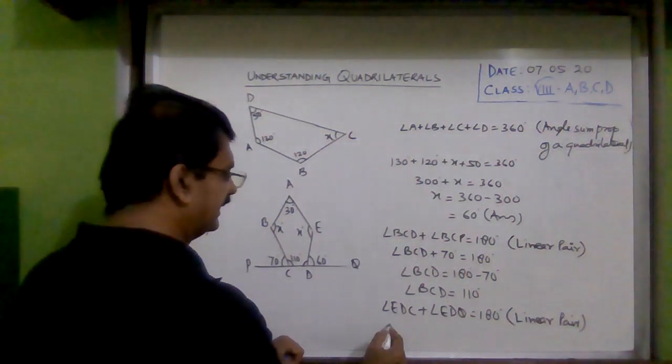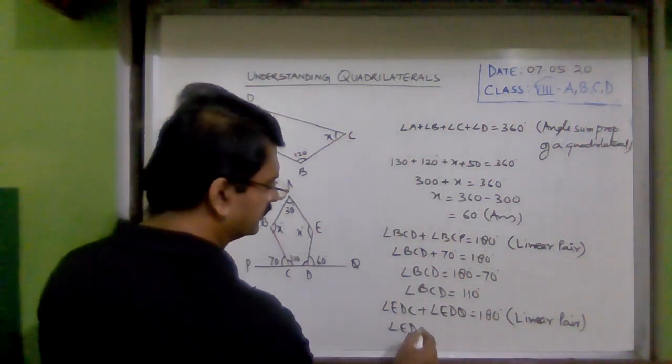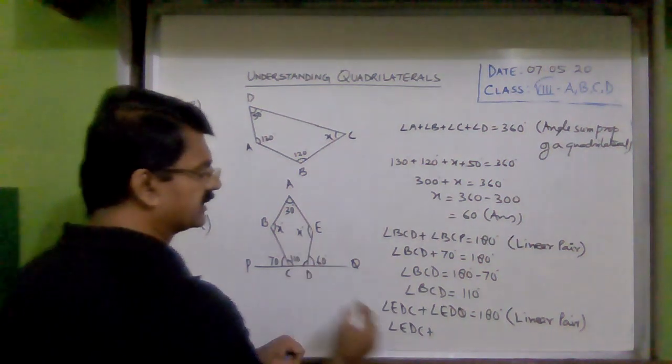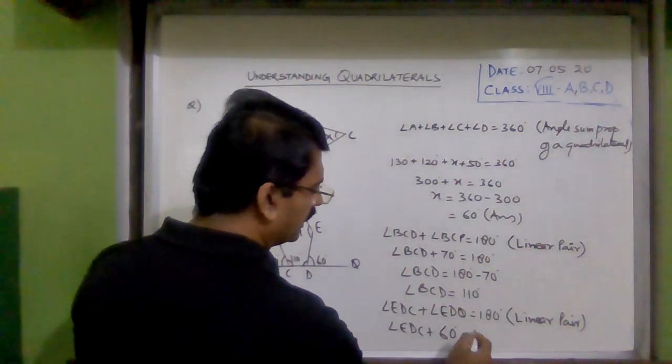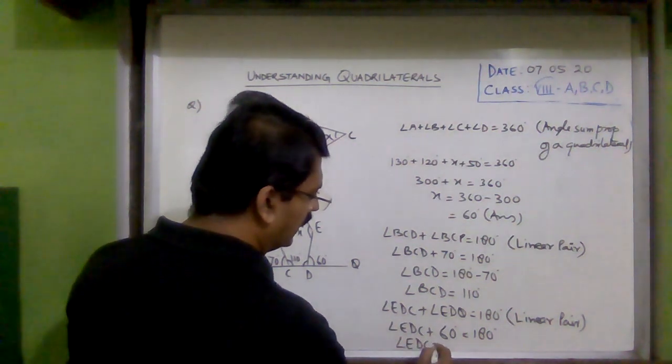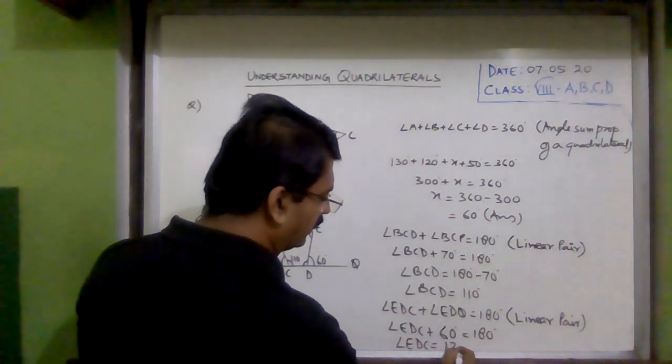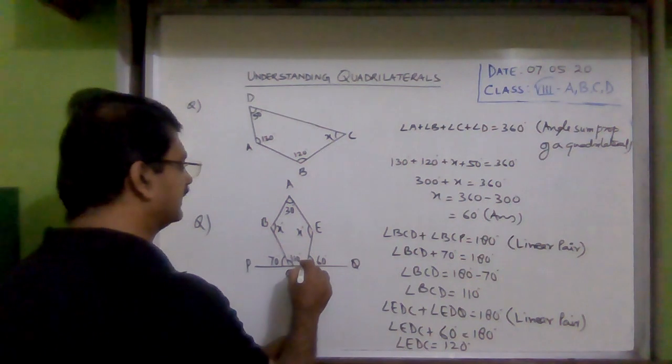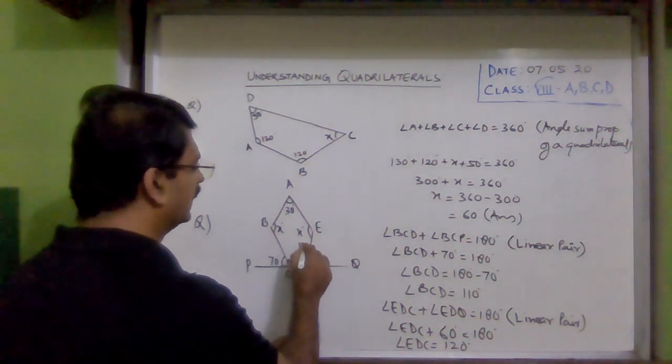Now we have to find angle EDC, but angle EDQ is 60. So angle EDC will be equal to 180 minus 60, that is 120 degrees. So we have found that this angle is 120 degrees.